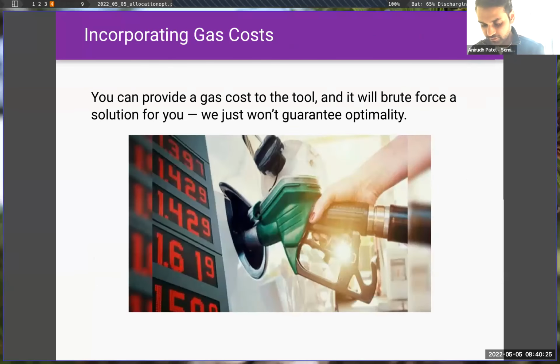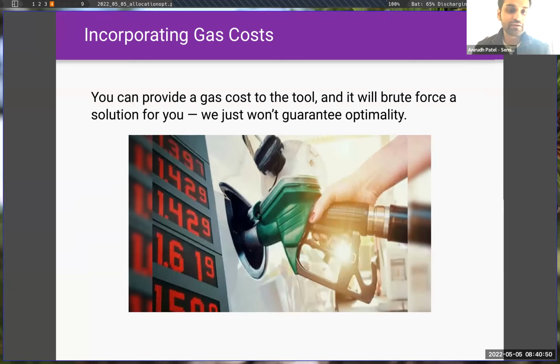So with that in mind, how do we incorporate gas costs? We do expose a way to incorporate gas costs. Basically, it'll do the normal optimization problem that we talked about, and then it'll brute force a solution with the gas cost. So we can't guarantee optimality with that because, again, it's a brute force thing. It's not actually based on any sound mathematics.